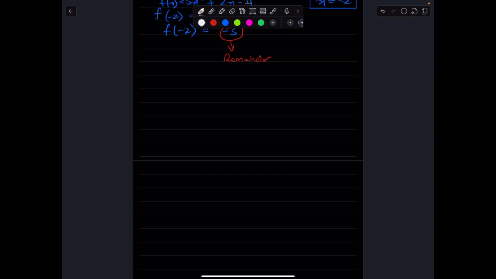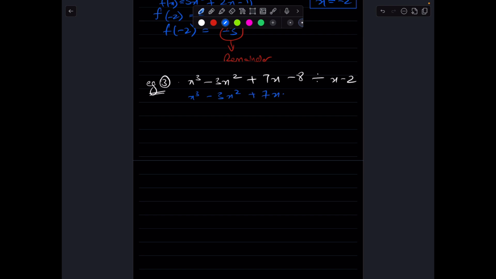And finally, the third example. x cubed minus 3x squared plus 7x minus 8 divided by x minus 2. So we'll assume x cubed minus 3x squared plus 7x minus 8 as the function. We'll equate the divisor to 0, and the value of x turns out to be 2.